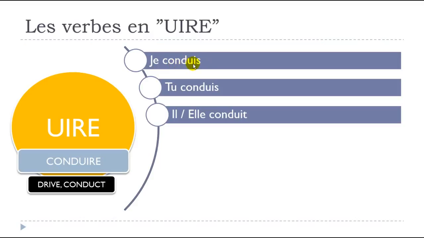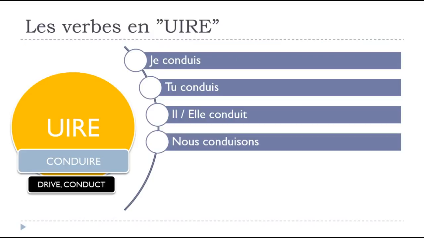Not all the verbs, but most of them. So that's the reason why you will get this form, je conduis, tu conduis, and then il, elle conduit. Keep in mind that you pronounce them the same way.